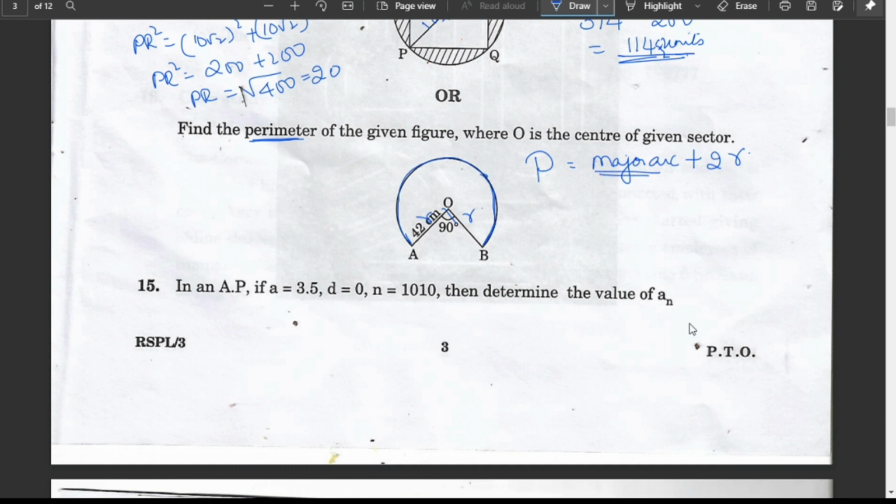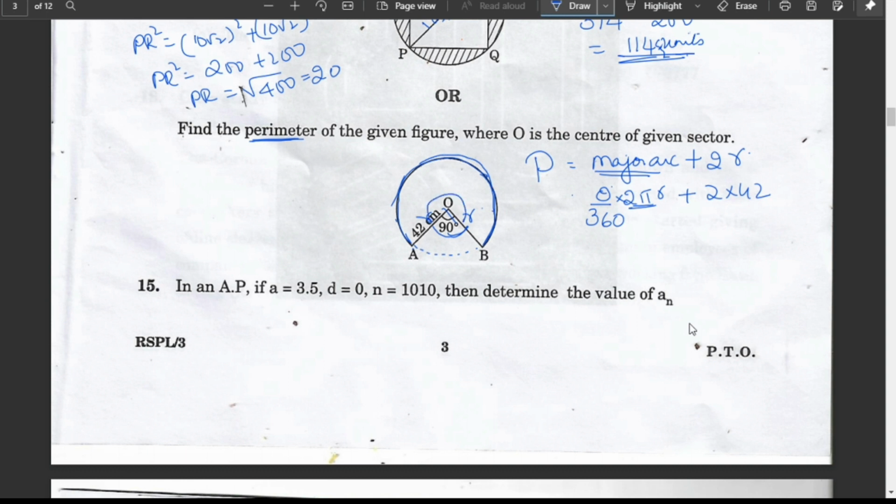For the major arc, the formula will be theta divided by 360 into 2 pi r. We are talking about the arc, so we have to take 2 pi r, the circumference, because it is part of the circumference. Now theta, you should not take 90 because we are not considering the minor arc, we are taking the major arc over here.